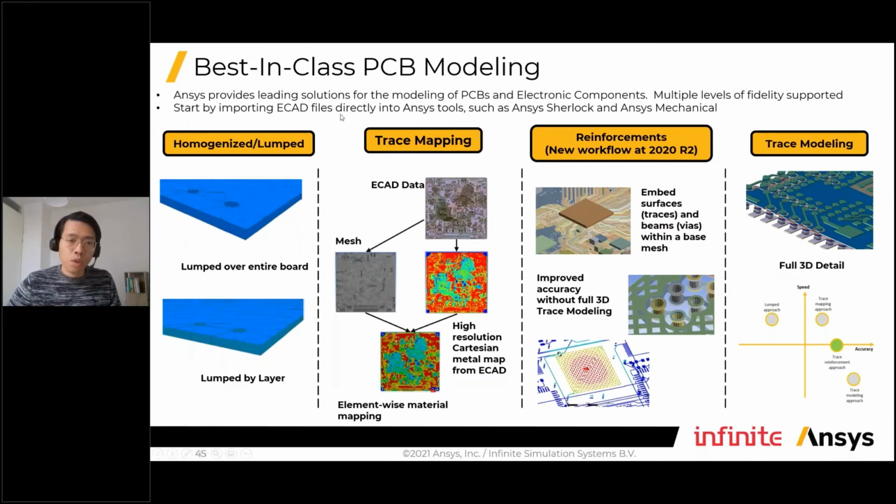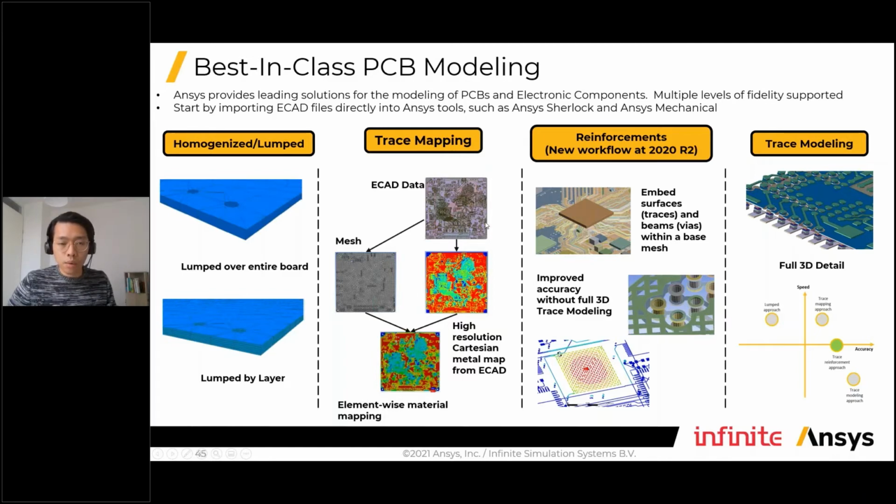So we have to think about how we're going to model our PCB in a very efficient way. Now, we can of course put everything in a homogeneous piece of solid, but that's apparently not going to be very accurate. So we can start to think about dividing by layer, but there's no trace information. Nowadays we have some areas that are very dense in traces, and in that area we'll have high conductivity.